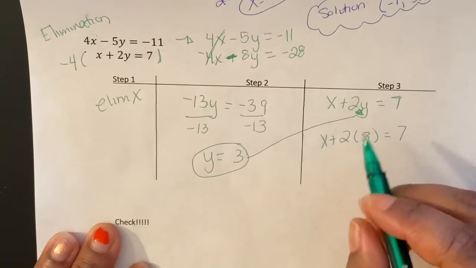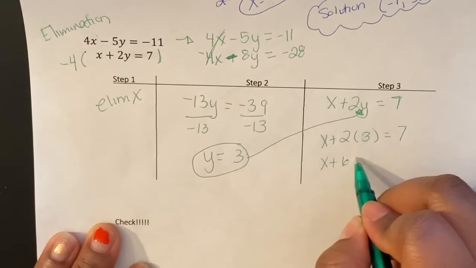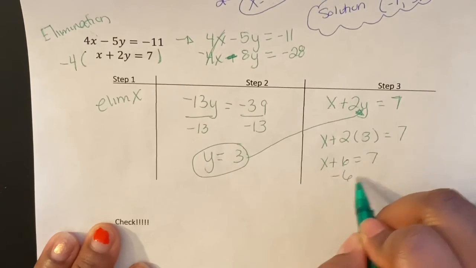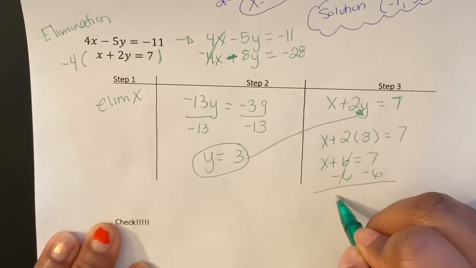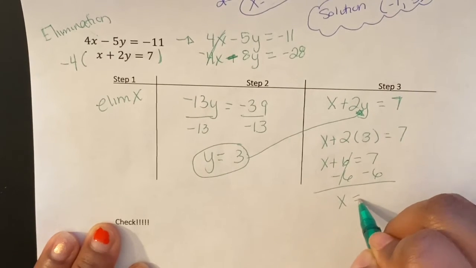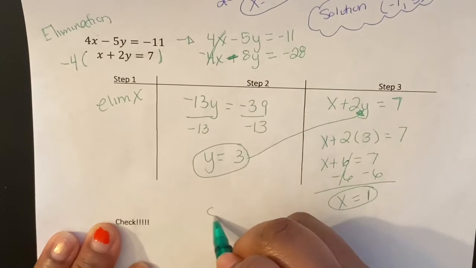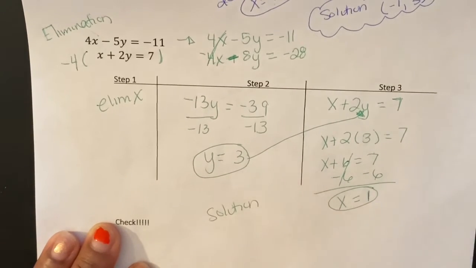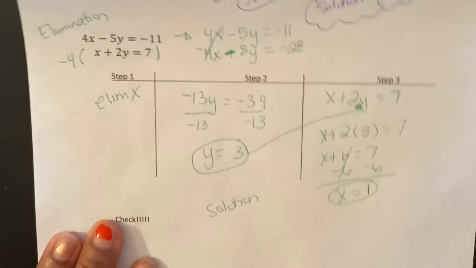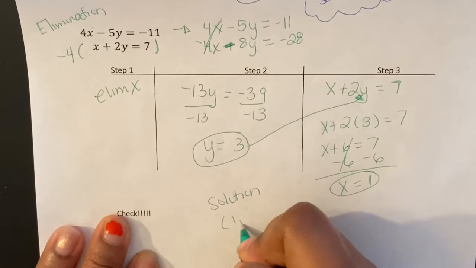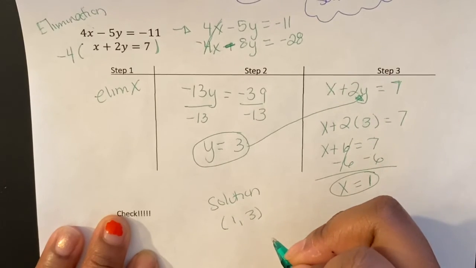Well, 2 times 3 is 6. X plus 6 equals 7. And in order to solve for x, I'm going to subtract 6 on both sides. X equals 7 minus 6, which is 1. So my solution here is the point 1, 3. Okay.